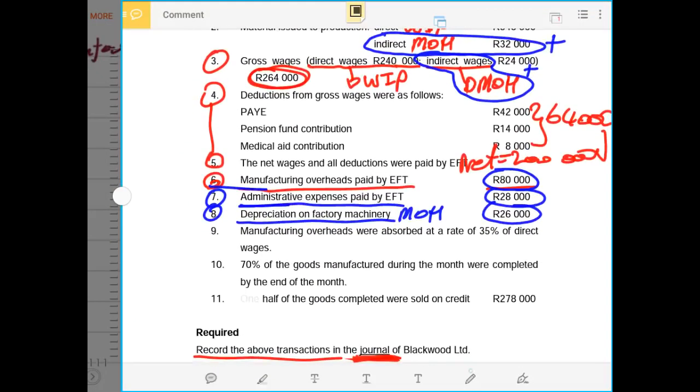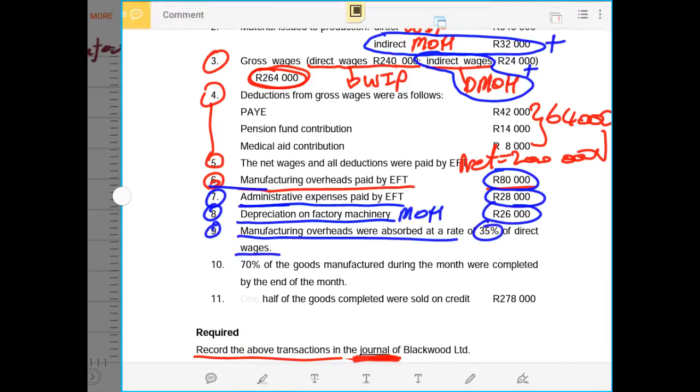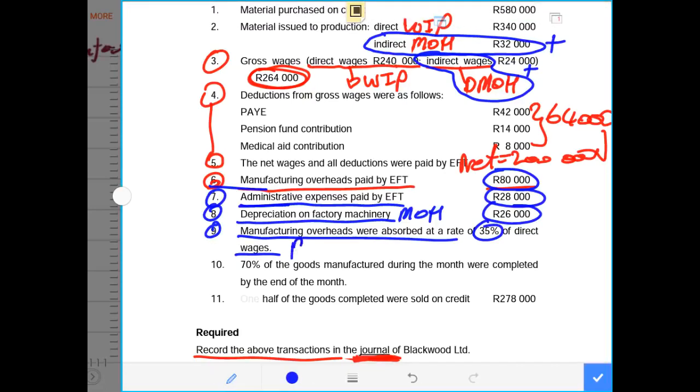transaction number 9. Transaction number 9 says to us that manufacturing overheads were absorbed at the rate of 35% of the direct wage. Meaning our direct wages, we multiply that by 35%, that will give us the applied or estimated manufacturing overheads. And our direct wages, remember there we had our direct wages as 240,000 rands.